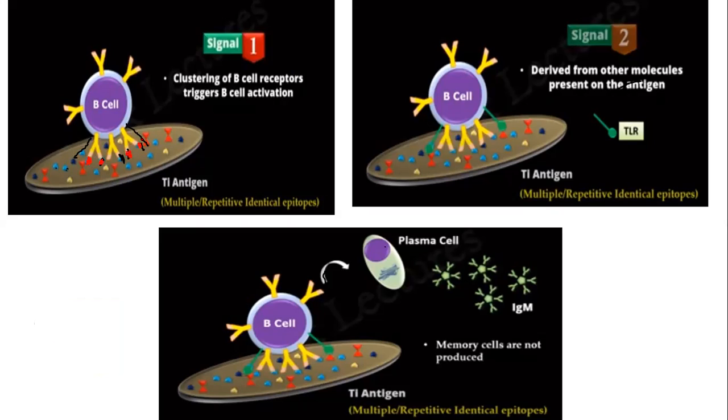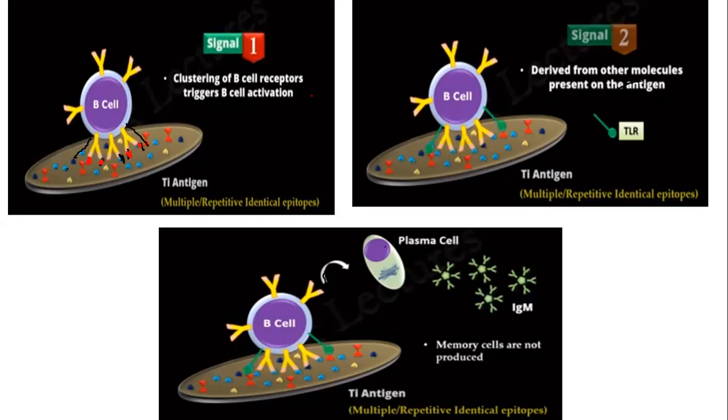This is known as the clustering of the B cell. After this, some toll-like receptors bind to the antigen surface and make the complex stronger.